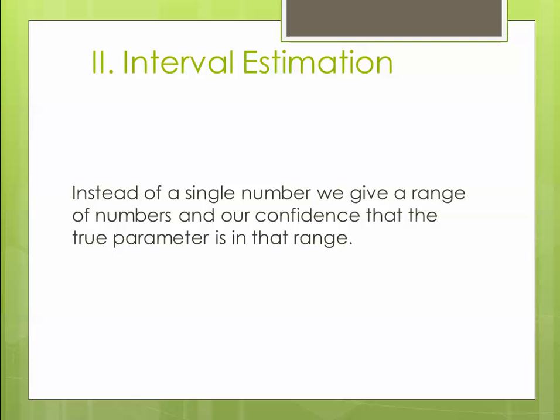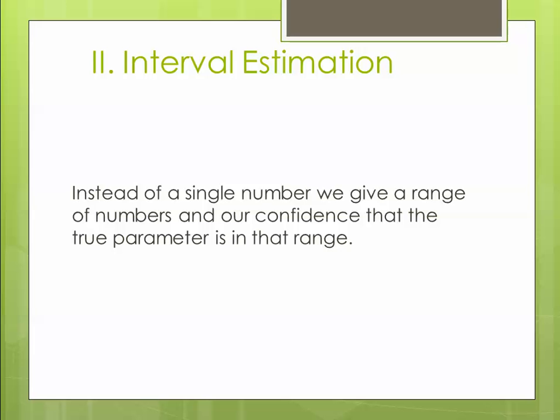Now, if we want to refine this a little bit, we're going to use interval estimation, so that one single number gives you no wiggle room at all. But it's really helpful if we can give a range of numbers and then our confidence that the true parameter is in that range. So we want to maybe say with 95% confidence. That's pretty confident.